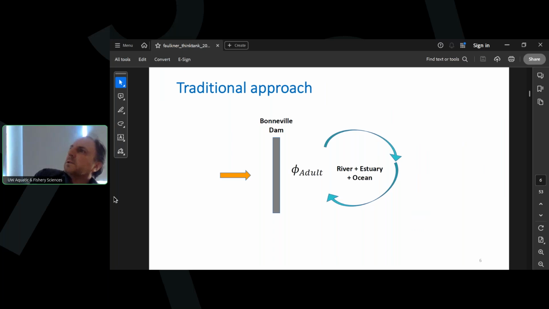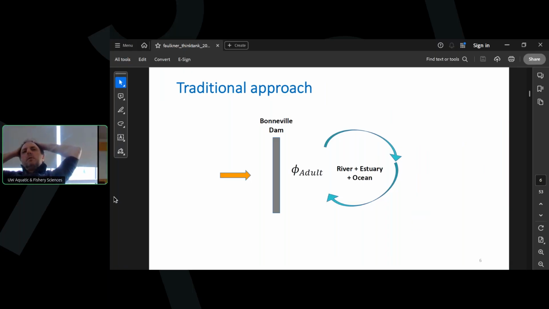So a logistic regression has often been used, and in that case, you're pooling together what happens in the ocean and what happens in the estuary, and because birds can have a big impact, their predation rates can be quite high in the estuary, and if you don't account for that, you're clouding the signal of what's happening in the ocean.